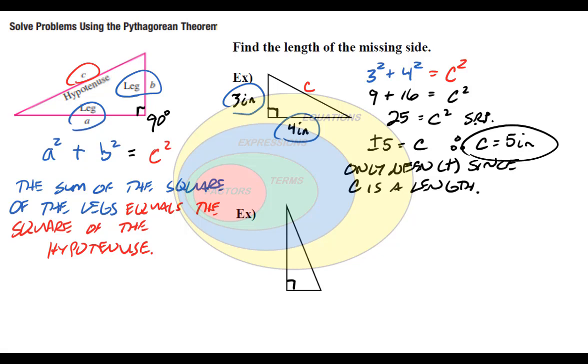So this one came out to be exact, but sometimes in a right triangle, maybe you're given this side, which is 5 feet, and this side, which is 10 feet, and now we want to find the other side.